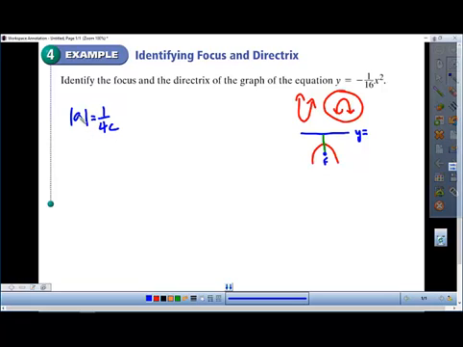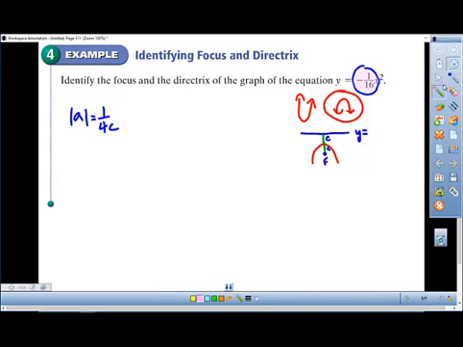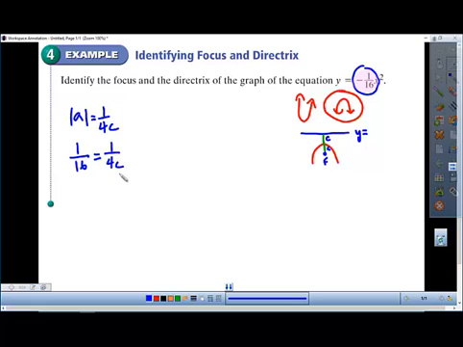So if we know the A value, we could figure out what the C value is, which is the distance. Remember, this is the C value going to your directrix and your focus. All right, so I see that this is my A term right here. So if A is negative 1/16, I'm going to take the absolute value of that, so that'll be 1 over 16. Equals, I'm going to bring this part down, so that's 1 over 4c.